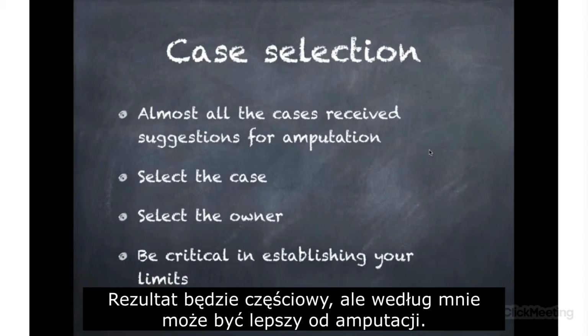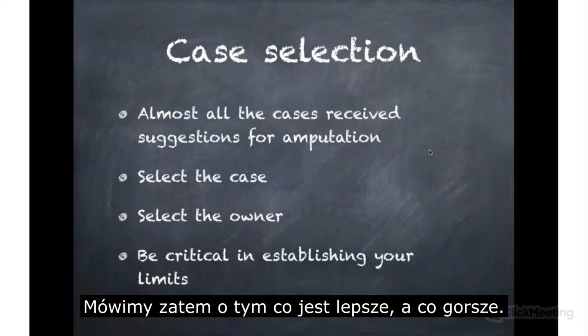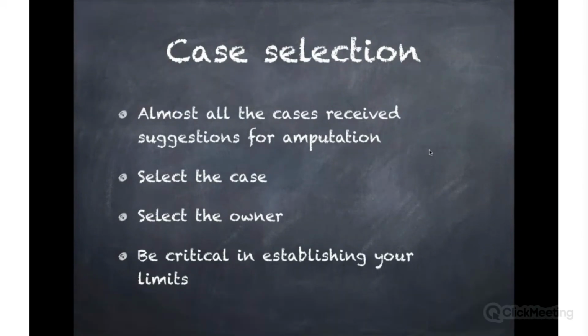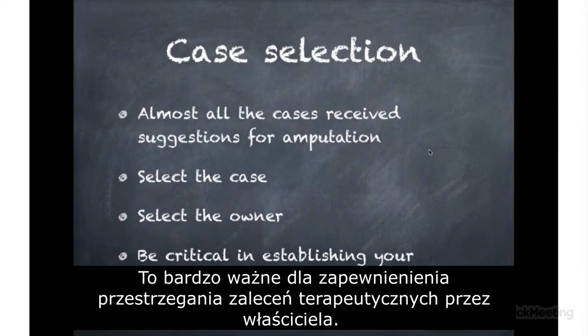The result will be a partial result, but in my experience it can be better than amputation. So we are talking about what is better or what is worse, not what is like new, okay? This, I think, is very important in order to have the compliance of the owner.